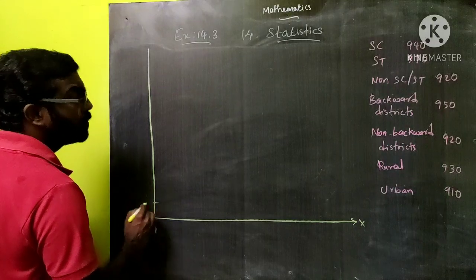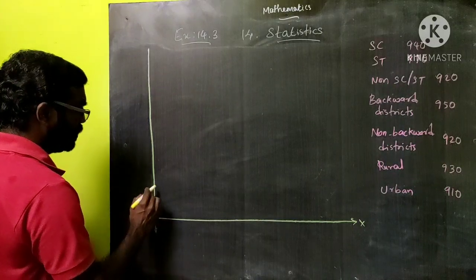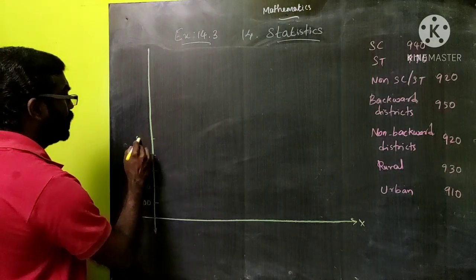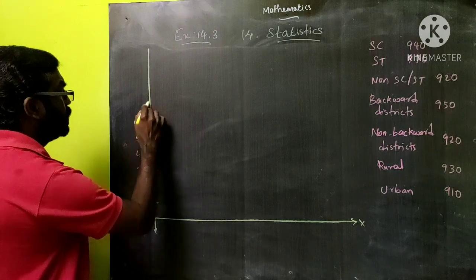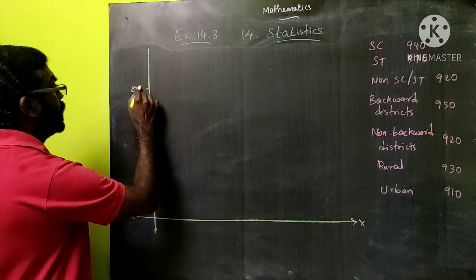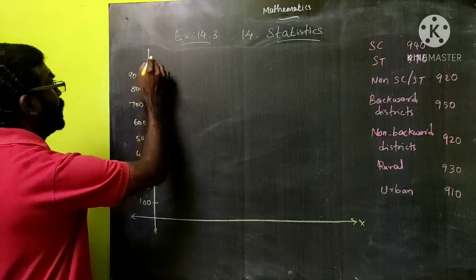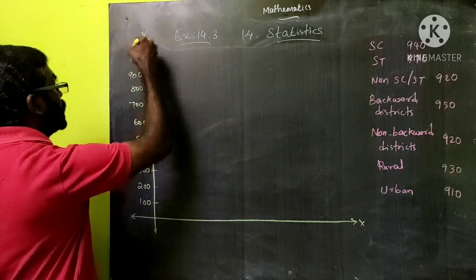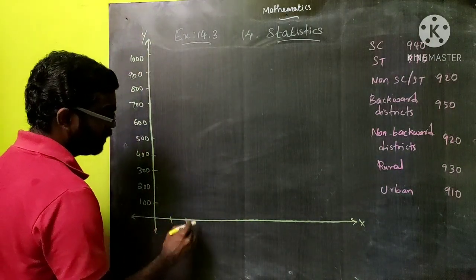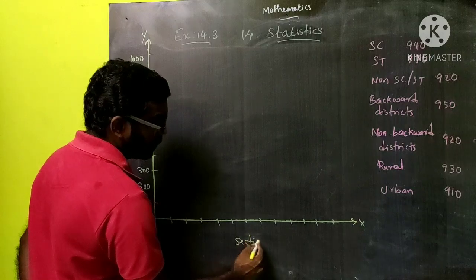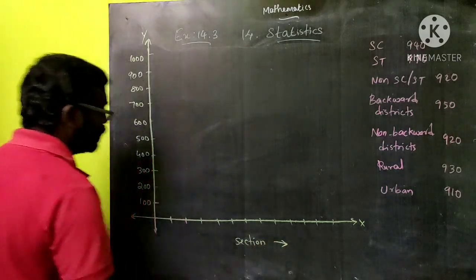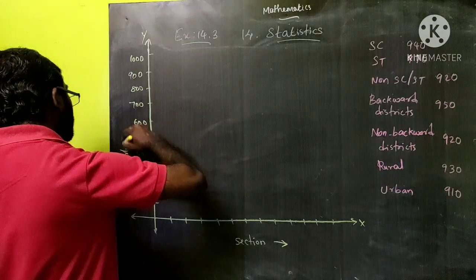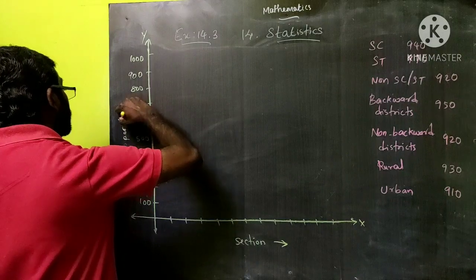Here we can mark 100, 200, 300, 400, 500, 600, 700, 800, 900 and 1000 on the y-axis, and on the x-axis here section, and here number of girls per 1000 boys.